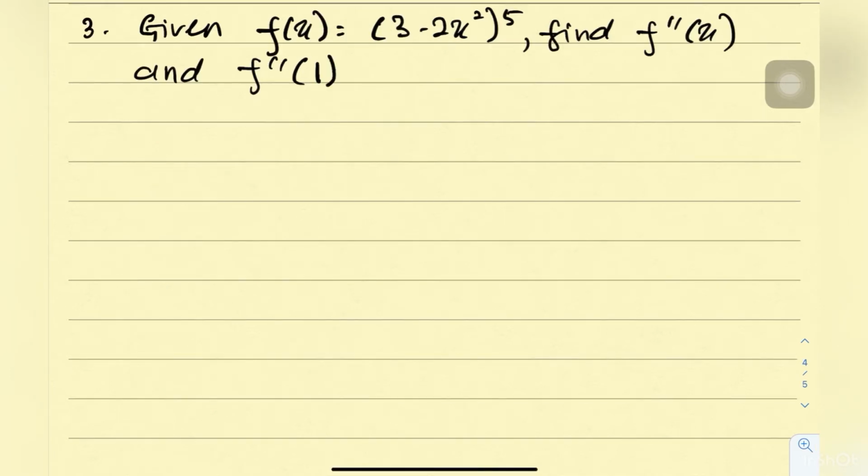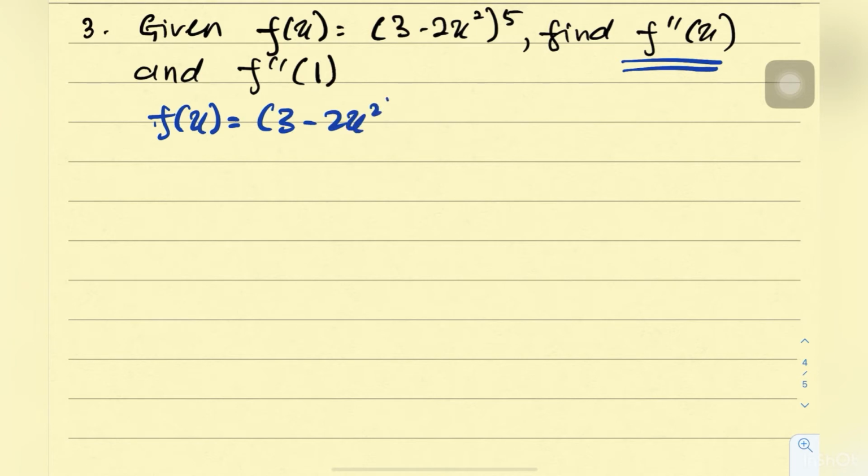Next example. Given f(x) equals (3 minus 2x squared) to the power of 5, find f double prime x and f double prime 1. Before you find f double prime x, you have to find f prime x first. To find f prime x, this is a composite function, so you can use the power rule.